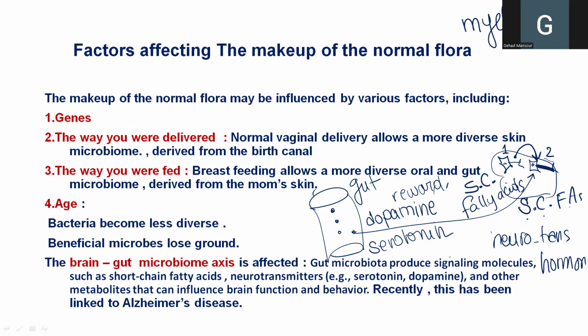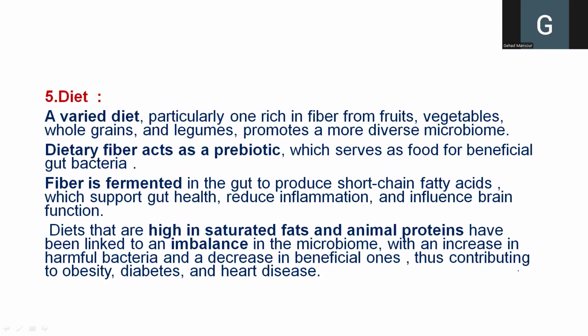And all these substances, the fatty acids, in addition to the vitamins, in addition to serotonin and dopamine, are called signaling molecules because they are produced from one cell and they go to another cell. They are produced by the gut cells and they signal the brain cells. They give them messages, and these messages are chemical messages.